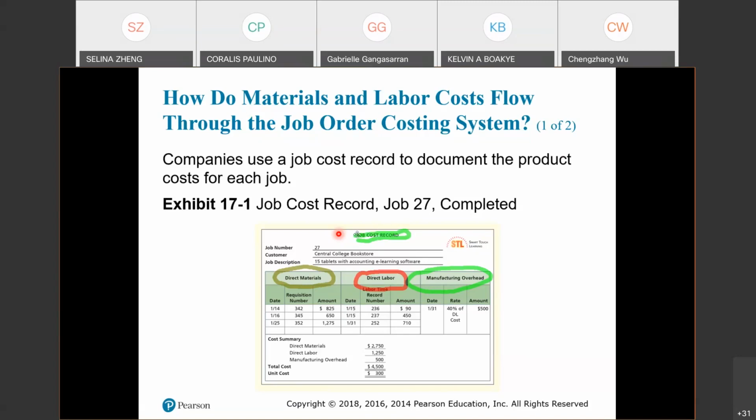So once the direct material is incurred, it records the direct material in this area. Once the related direct labor is incurred for this specific job, we record the labor cost in this area. And once manufacturing overhead is incurred, we record this part of the cost in the manufacturing overhead area.